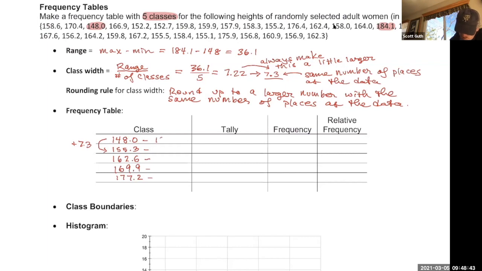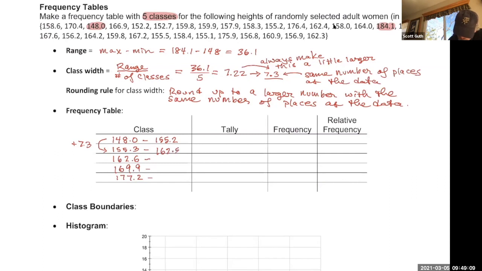You want to say 155.2, not 155.3, because that's an overlap. These should be non-overlapping classes. So you're just going to knock one digit down for the upper limit of each class.